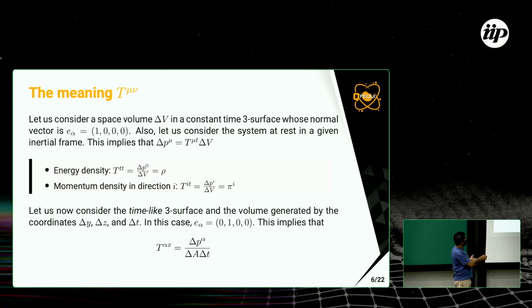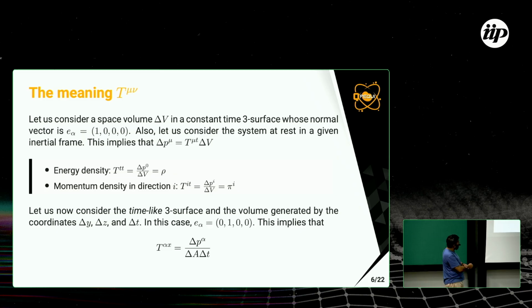This is the energy density. So the 0,0 component of the energy momentum tensor is just the energy density of the system. Okay? Now, how about the space direction? Well, the space direction is just the momentum density. There's nothing beyond this. So these are sources of the curvature.